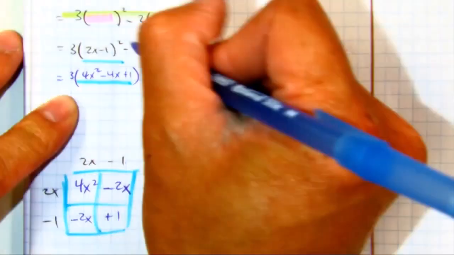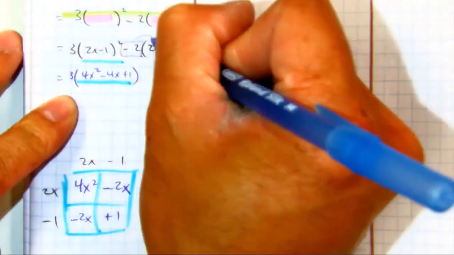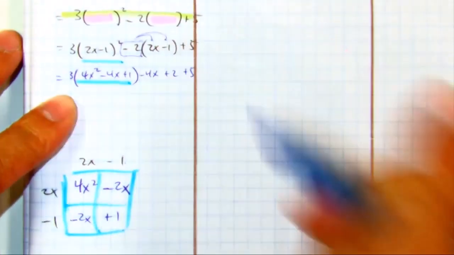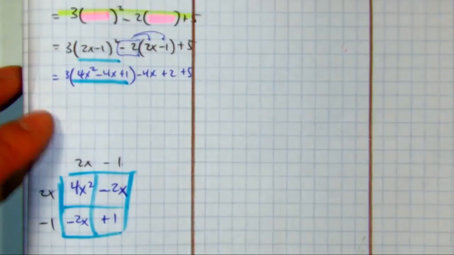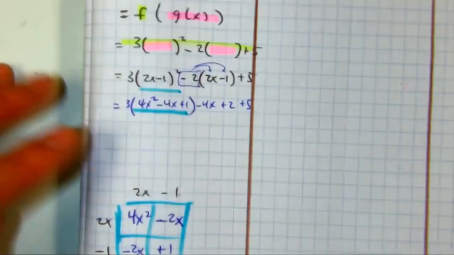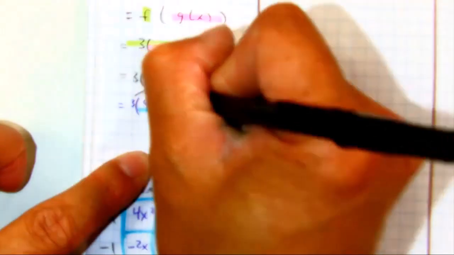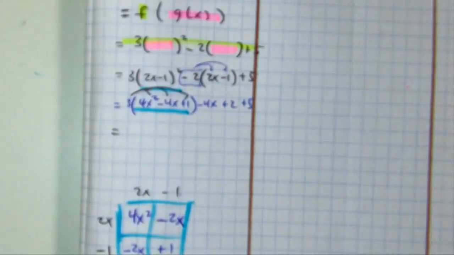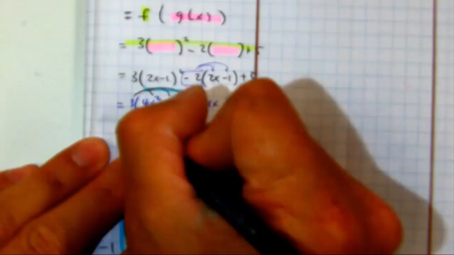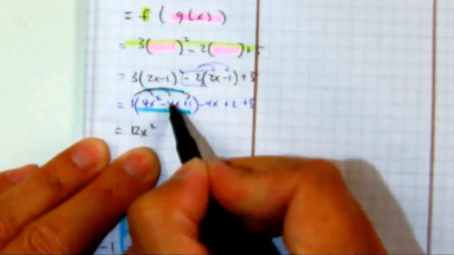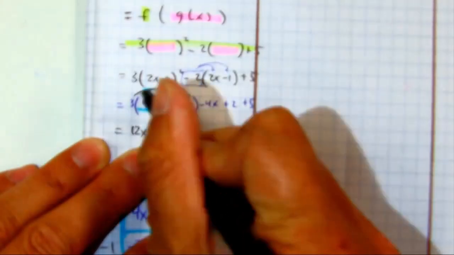And then here I'm going to distribute the negative 2. Comes a negative 4x plus 2 plus 5. And then I'm just going to go ahead and distribute the 3 here. Class, what do I get? 12x squared minus 12x plus 3.